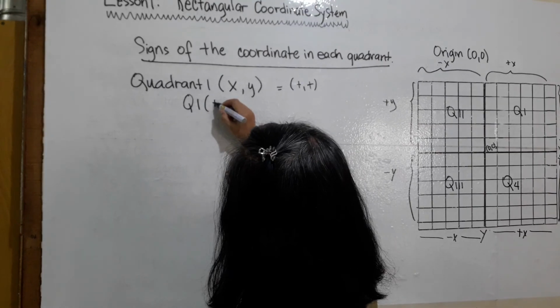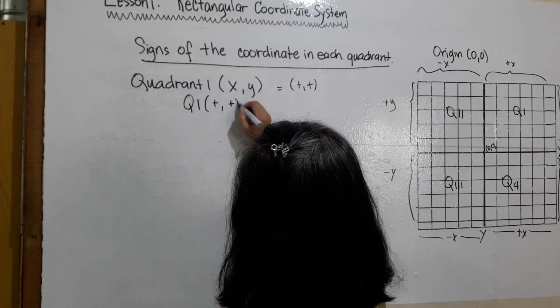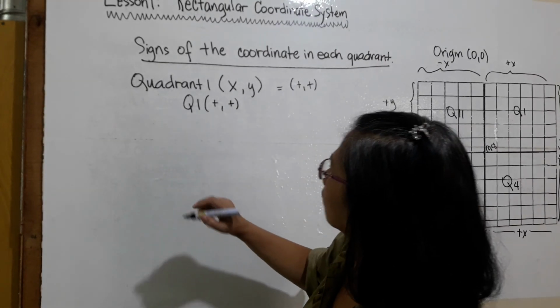So positive x, positive y in the first quadrant.